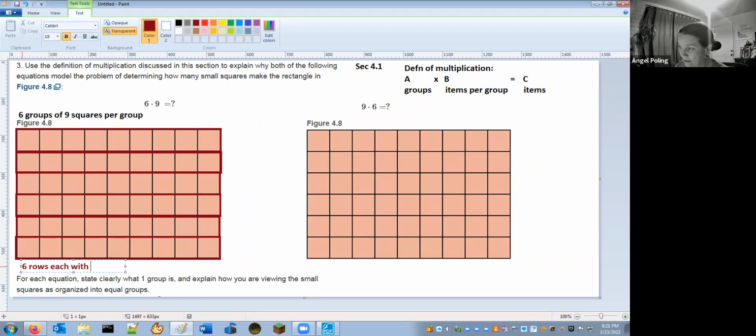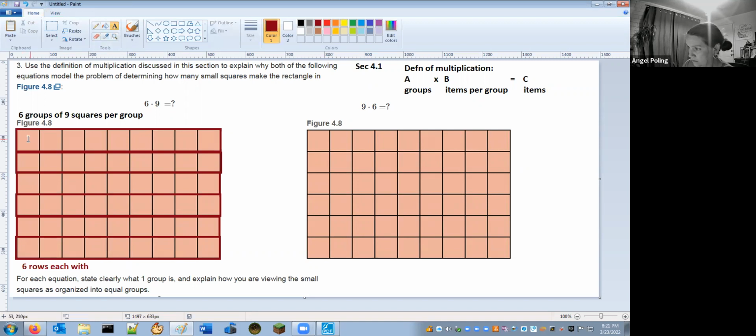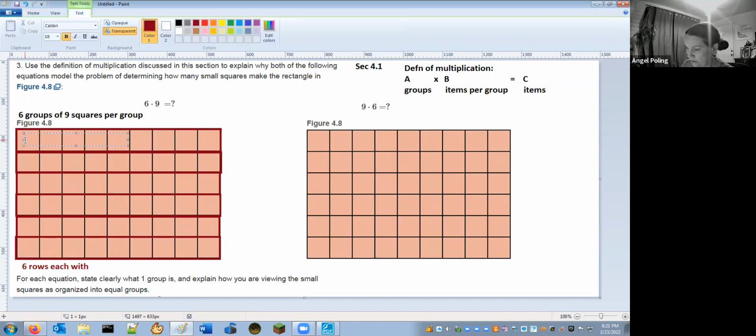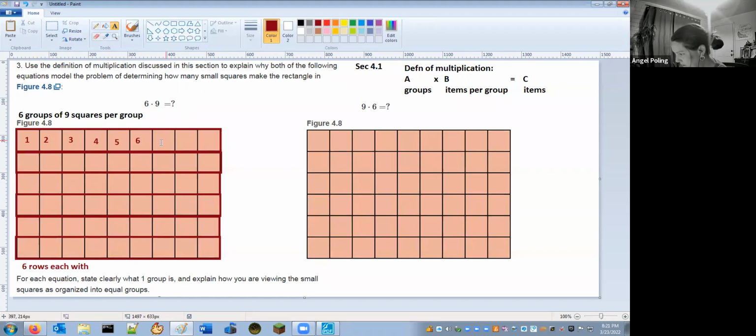Each with, right, 1, 2, 3, 4, 5, 6, 7, 8, 9, right?